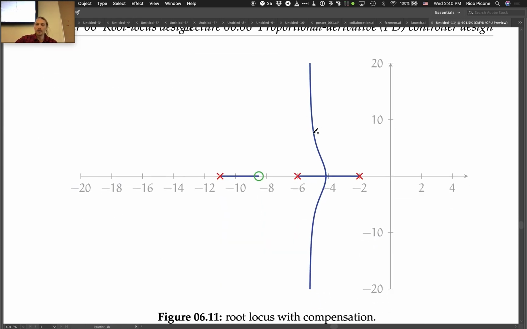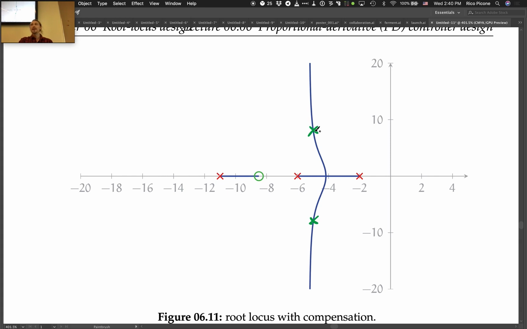So now our test point is guaranteed to be on the root locus. Mathematically guaranteed. So it's good to check your root locus and make sure it looks right, but it should be right on the money. So you can once again use the data cursor to tune your K2, to choose your second gain that corresponds to that location.